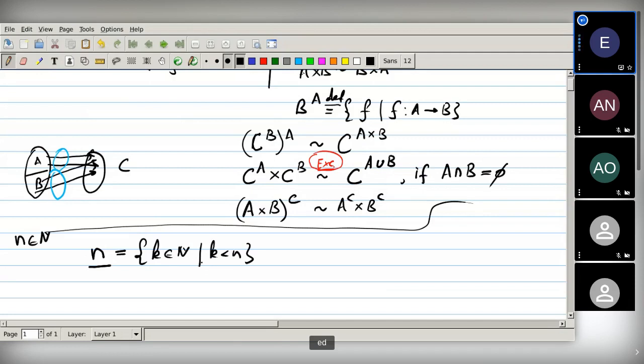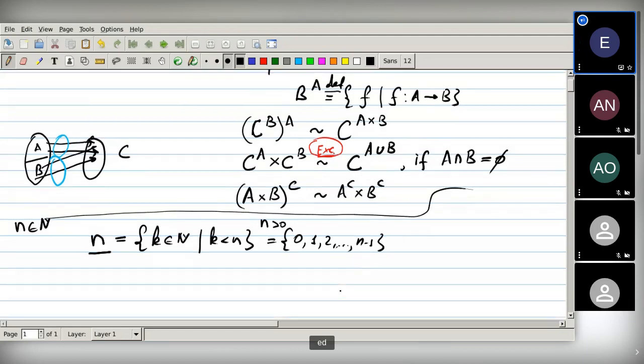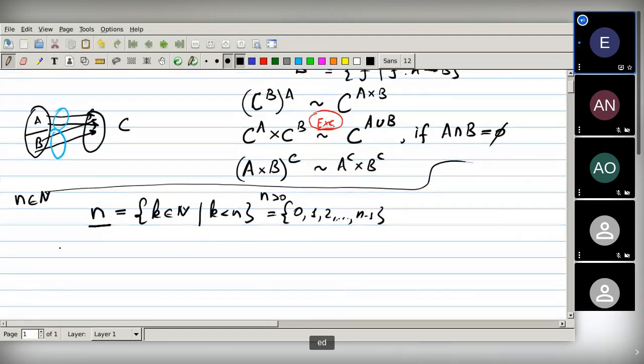Clearly, if n is greater than 0, it is the set of 0, 1, 2, and so on, up to n minus 1. And these sets serve as our exemplary finite sets. You will see it for yourself, in fact.